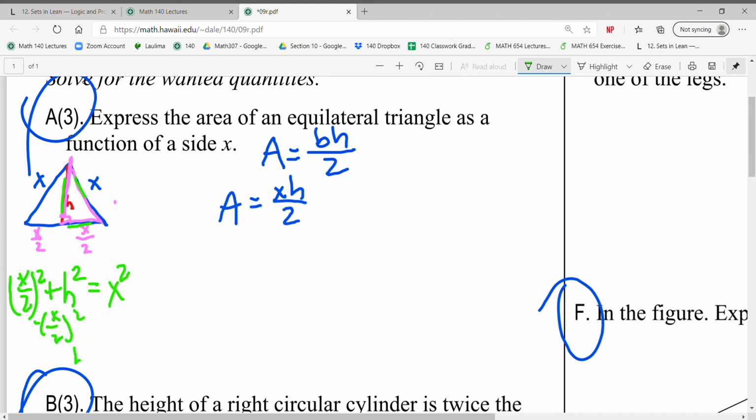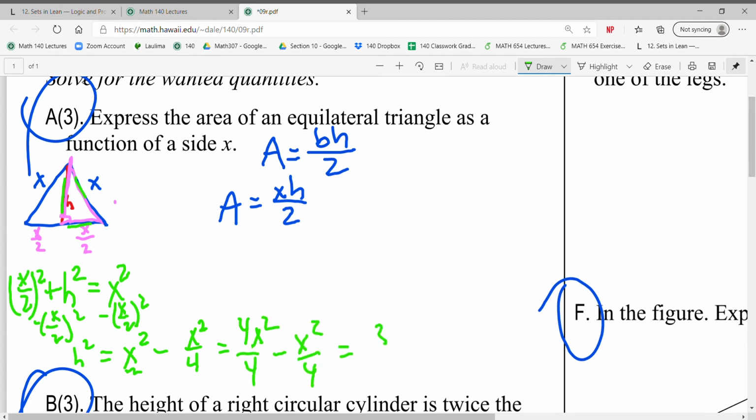And I'm going to get h squared is equal to x squared minus x over 2 squared. And x over 2 squared is the same thing as x squared over 2 squared, which is 4. And I could rewrite this as 4x squared over 4 minus x squared over 4. So this is 3x squared over 4.